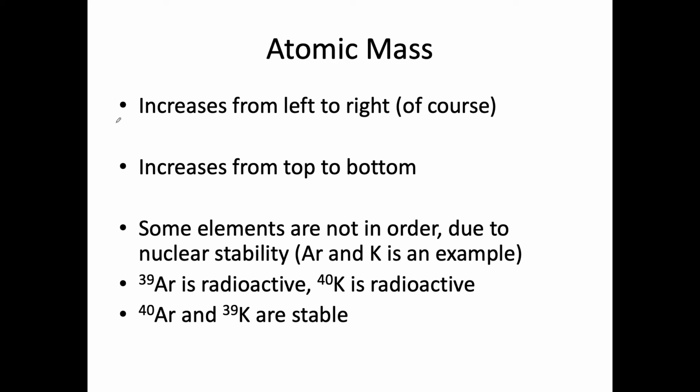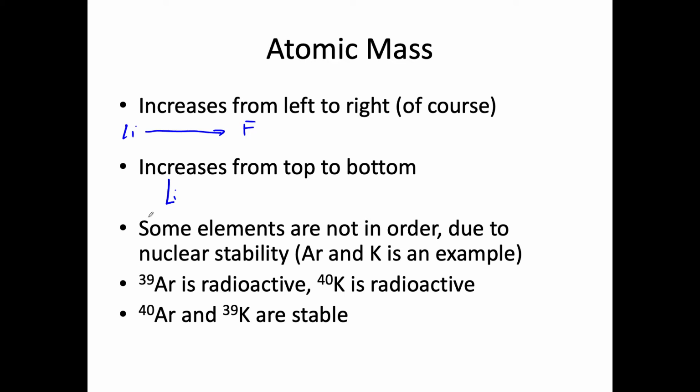So as we go from, say, lithium on the left all the way to fluorine on the right, it increases. It gets heavier, heavier, and heavier. And it increases from top to bottom. So as it goes down, lithium and down to francium, it's going to steadily increase.